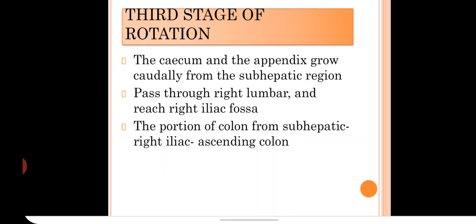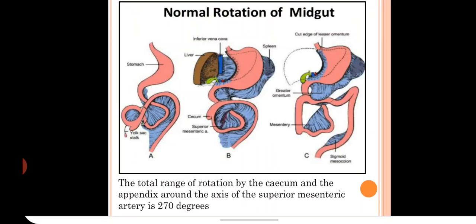That is the complete rotation now, and every part of the small intestine and large intestine is occupying its normal adult position. The total range of the rotation by the cecum and appendix around the axis of the superior mesenteric artery is now 270 degrees.